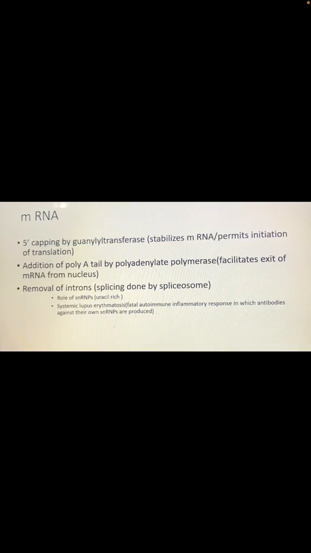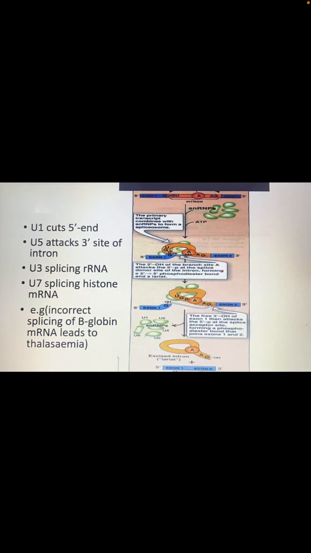And after the spliceosome is formed, successive events take place, and finally we are able to get the mature messenger RNA. The different snRNP functions are: U1 cuts the 5' and U5 attacks the 3' site of the intron, U3 splices the ribosomal RNA, U7 splices the histone mRNA, and if any incorrect splicing occurs, then it leads to different types of disease.